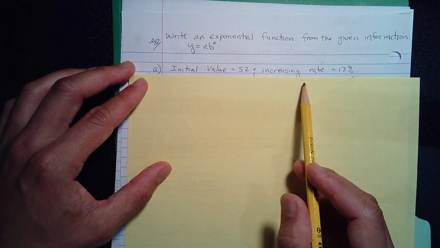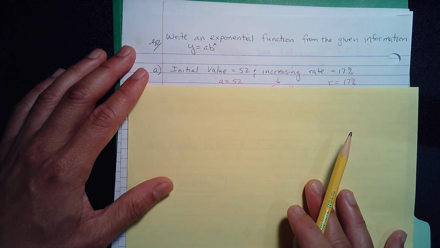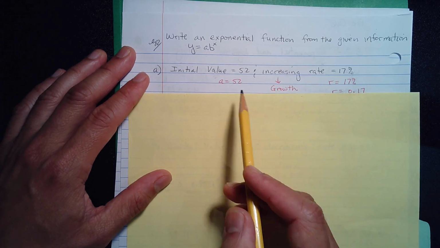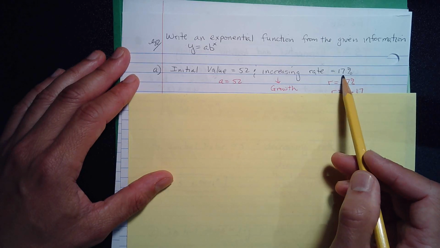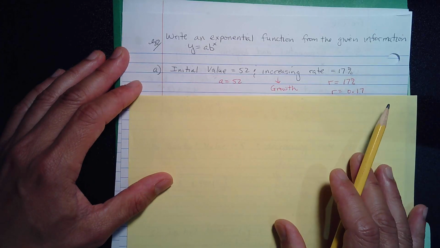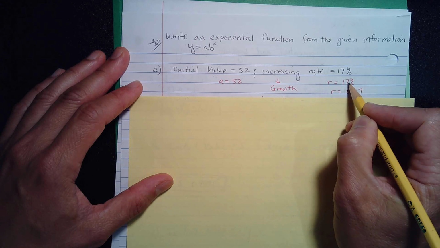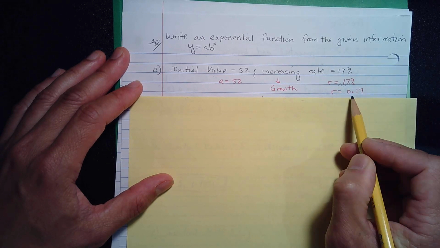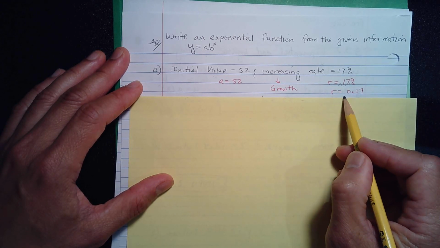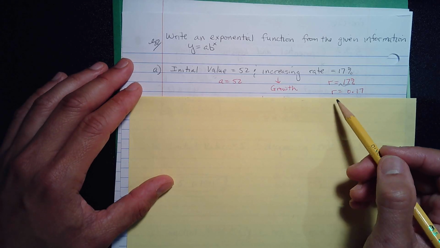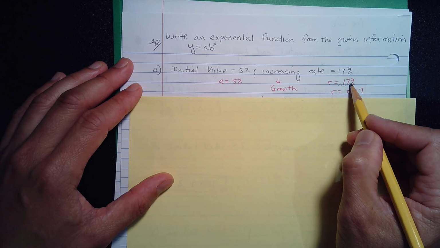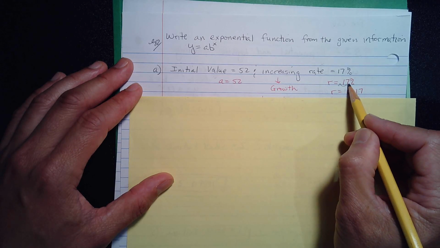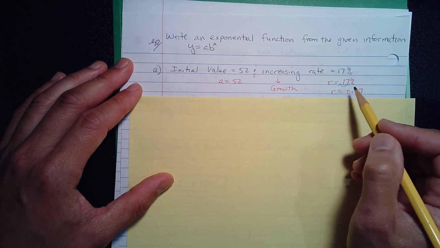So if it's an increasing rate, we know we're dealing with a growth. So a is 52, increasing rate is growth, r is 17%, move the decimal point 2 times to the left. So it's 0.17 is the rate, because when we use it in a formula, it has to be in decimal form. So in order to make percentages into decimals, move the decimal point 2 times to the left.